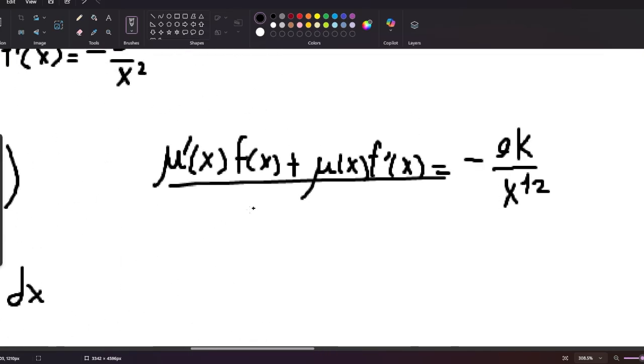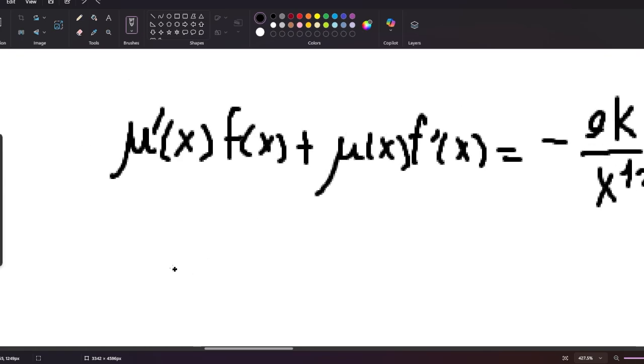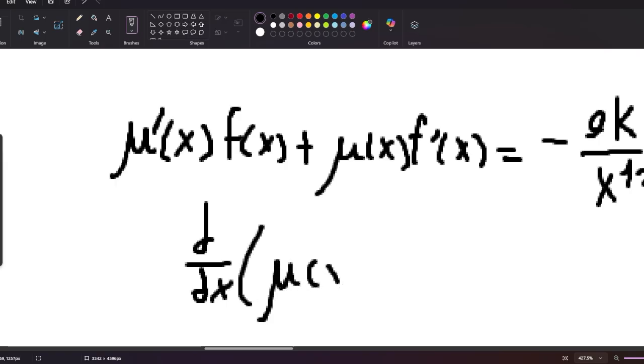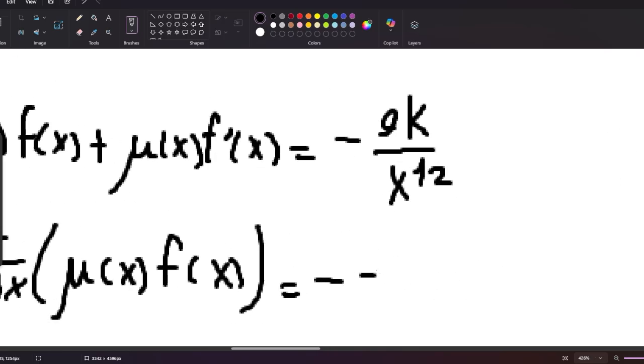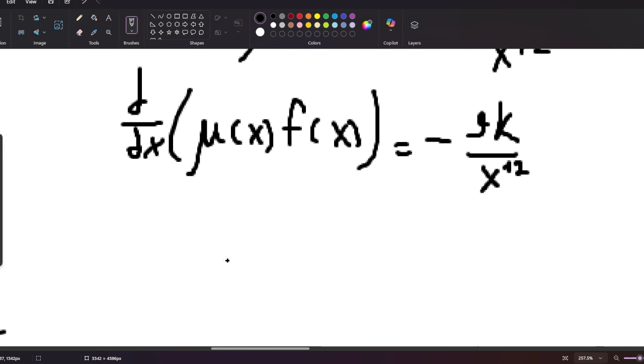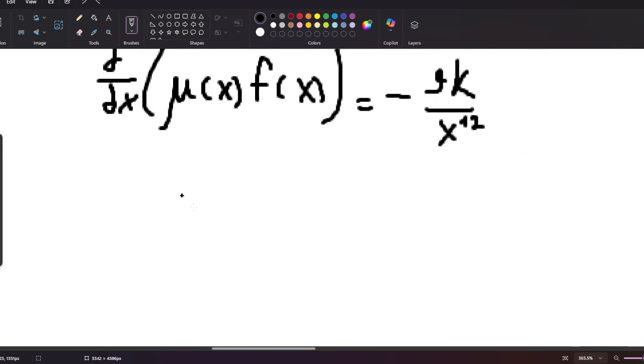Okay, now this is just the product rule, so we can clump it together: d/dx of mu of x times f of x equals negative 9k over x to the power of 12. So let's integrate both sides.